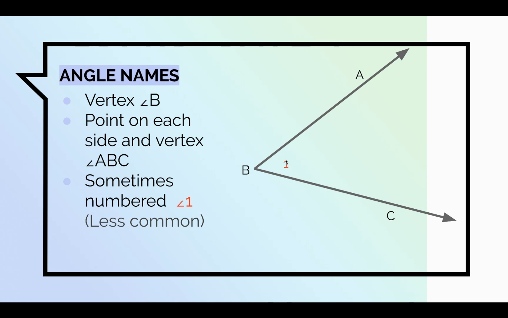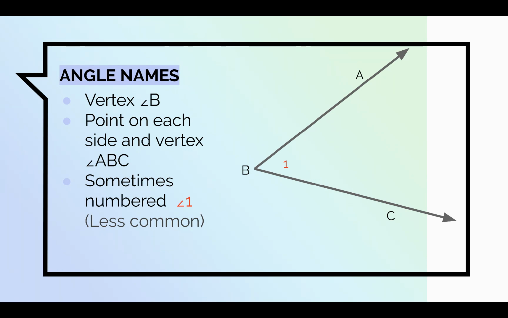This is called the interior, inside the angle. It's clear that this number 1 is talking about this angle right here. So if the illustrator puts in the number, you can call this angle 1. Again, you wouldn't really do this unless there are many angles and it's very unclear which is which.